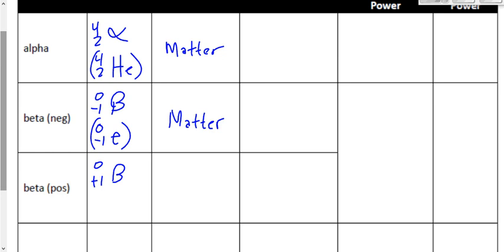No. What does the number 0 on the top mean? There are 0 protons and neutrons. So there are 0 protons here, and there are 0 neutrons. What does the plus 1 mean? This is actually what we call a positron. It is not matter or energy, rather it is, anyone, antimatter.